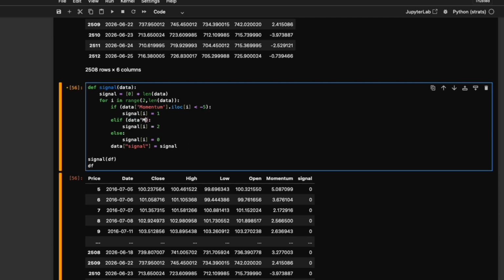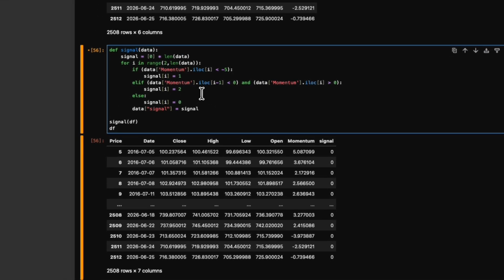So if I take the value in my momentum column, in square brackets, dot iloc yesterday, so i minus 1. If that value yesterday is less than 0, and the value today in my momentum column, which is .iloc i, is greater than 0, that would be another signal to record. And in this case, we'll put a 2 in our signal column.